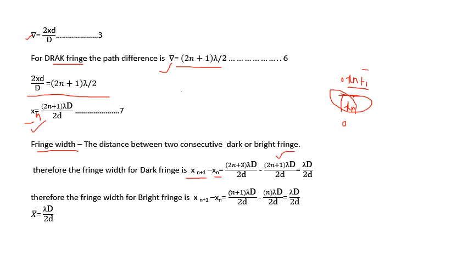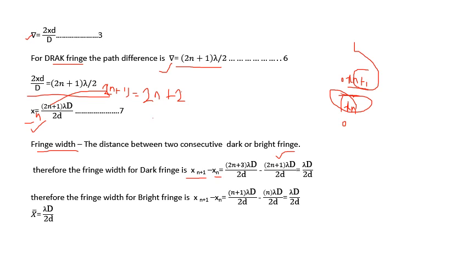Now the value of n is n plus 1. So at the place of n, if I substitute n plus 1, we have to multiply this by 2. So we get 2n plus 2, and 1 is already present here, so 2 plus 1 is equal to 3.